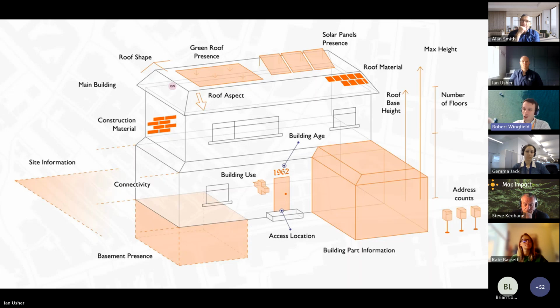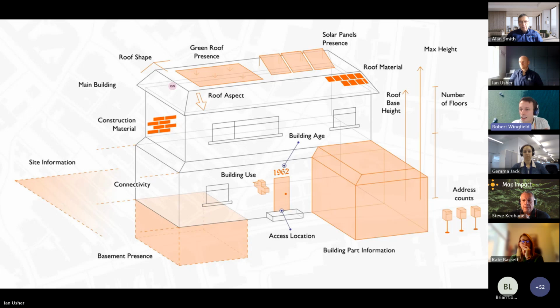Because if you know that your roof aspect is predominantly in a southerly direction on your assets, then you know what the potential is there for solar panels. And we also have information on where a building does contain a solar panel already as well. So you can start to really pull together some of this data and create some analysis on doing that solar panel suitability on housing stock, for example.